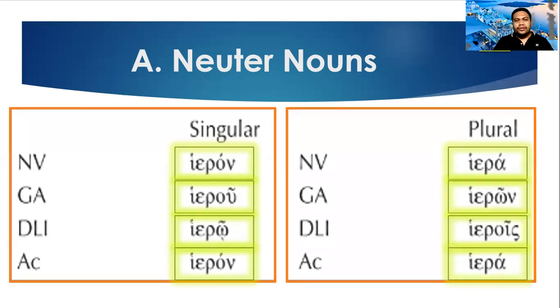So it is pronounced differently, by the way, because the breathing is in the first vowel. That's why you need to read it separately. It's a different vowel or a different syllable, and it is a rough breathing. That's why it's pronounced with the H. Hieron. Okay, very good.